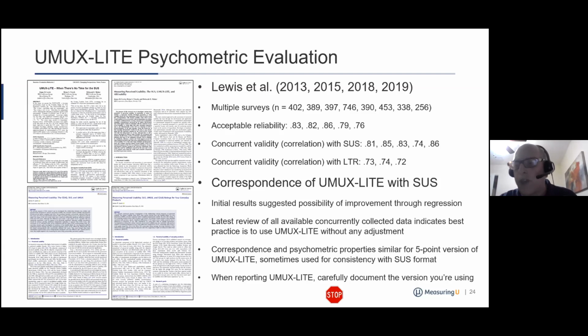Then for the UMUX-LITE, okay, going back to the technology acceptance model, we have perceived usefulness and perceived ease of use. And we may be making a little bit of a stretch in that functional adequacy may not be the whole of usefulness.